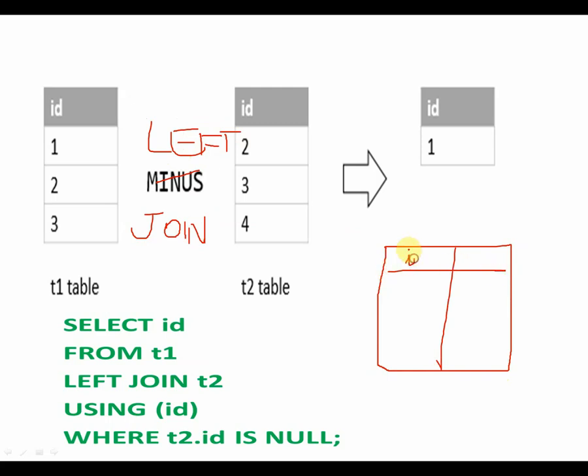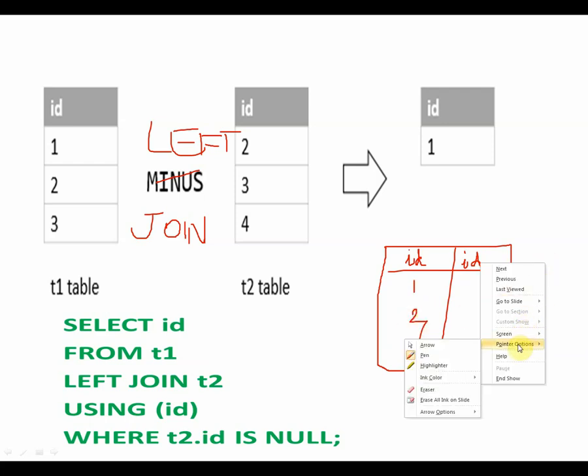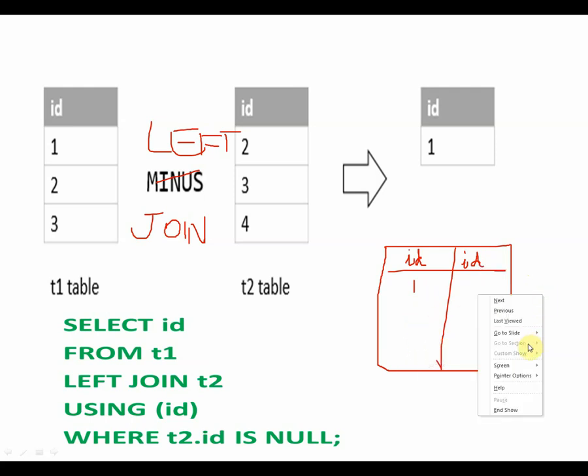You will get ID 1, 2, and 3. For 2, this is from table T1 and this is from table T2.